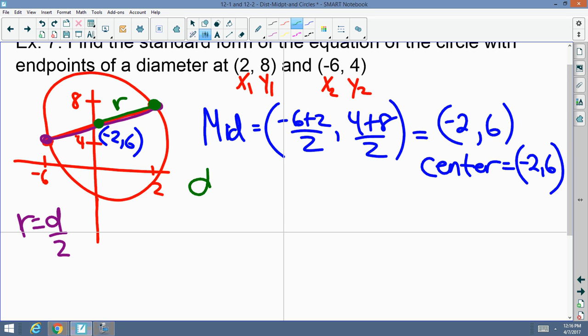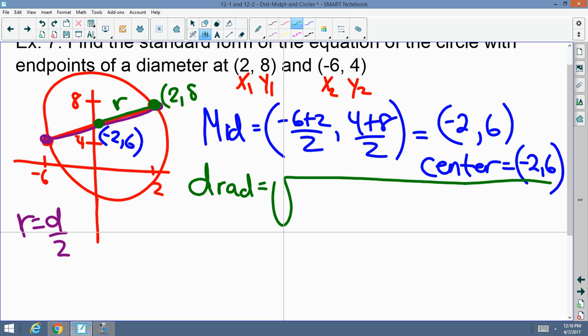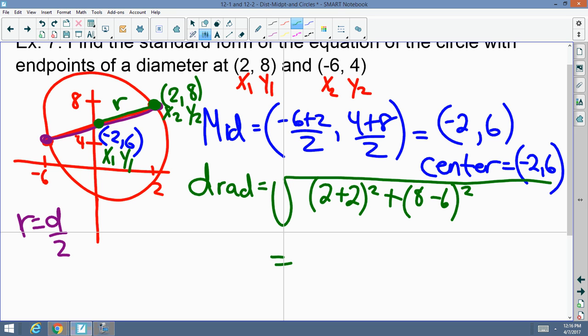So the distance of the radius is going to equal square root of, remember at this point here is 2, 8. x1, y1, x2, y2. So I've got x2 minus x1 squared plus y2 minus y1 squared, which equals the square root of 4 squared is 16 plus 2 squared is 4, which equals the square root of 20.